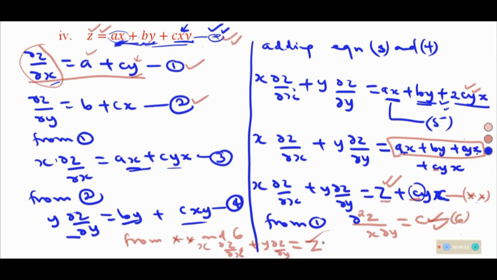Here we have z plus c, which is del 2z/del x del y, times yx. So you can rearrange it well, and that will be your partial differential equation after we have eliminated a, b, and c.